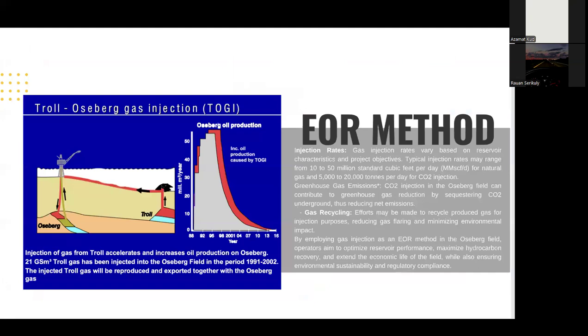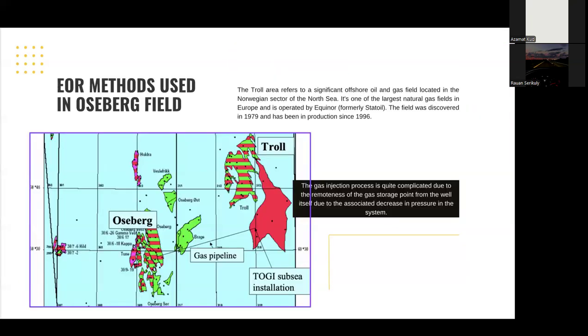The polymer flooding, for example, utilizes the injected polymer to improve the sweep efficiency of injected water and displace more oil towards the production wells. And the EOR techniques are often tailored to the specific characteristics of the reservoir and significantly enhance the ultimate oil recovery. And that's it. The next slide.